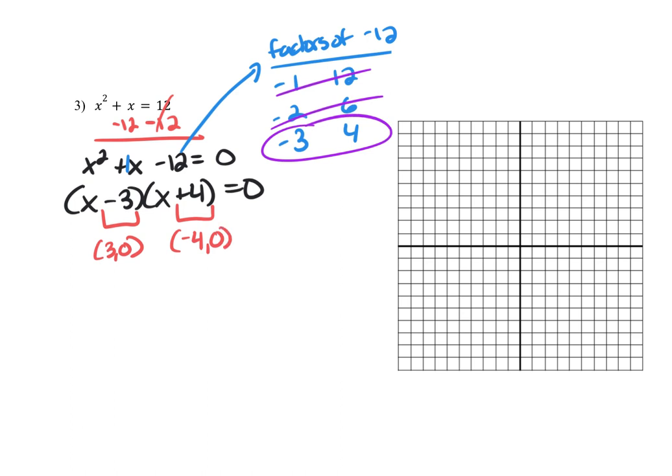So I'm going to go to my graph. I don't have anything numbered, so I'm just going to make sure that I'm counting by ones. So I'm going to go center, 1, 2, 3, put a point on (3, 0), and then put a point on 1, 2, 3, -4. Again, they want me to graph it, so I do have to finish it.